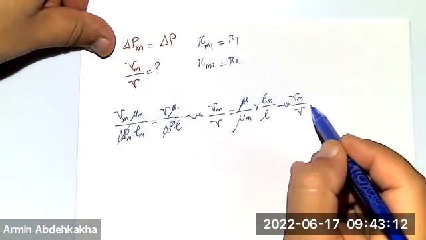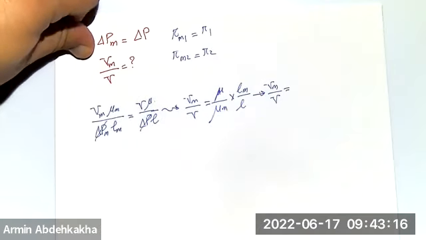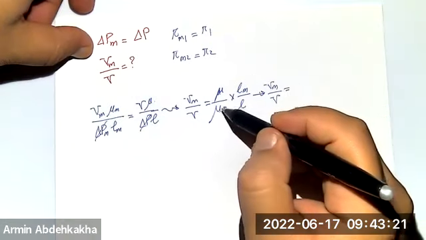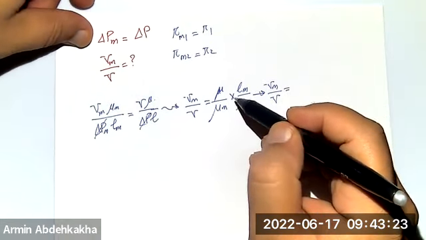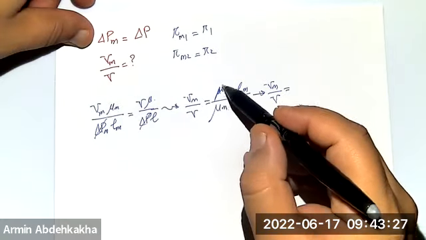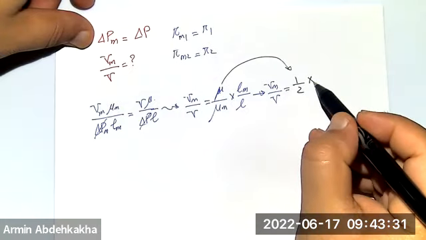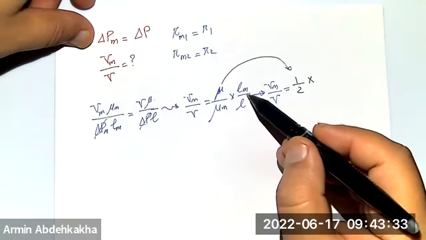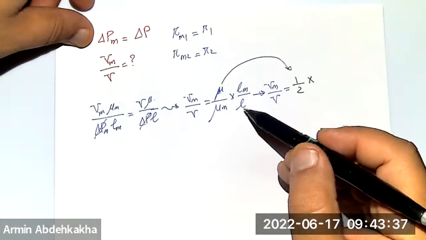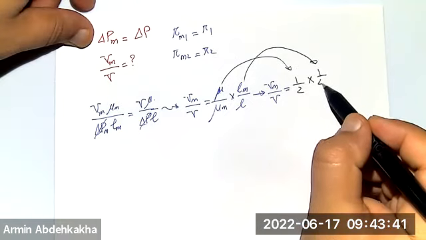Then Vm over V is equal to, since the mu of the model is 2 times this mu, 1 over 2. And you know that the model is 1/4 of the real case, so this is 1 over 4.